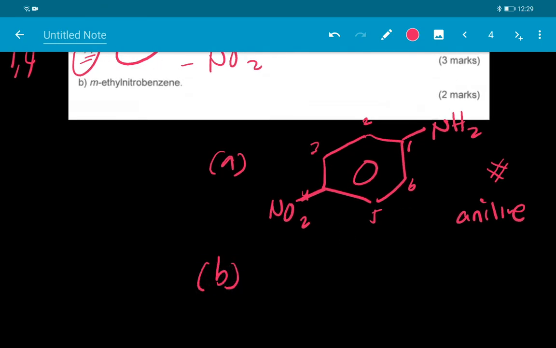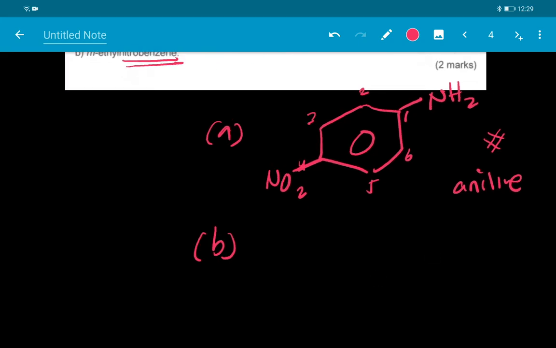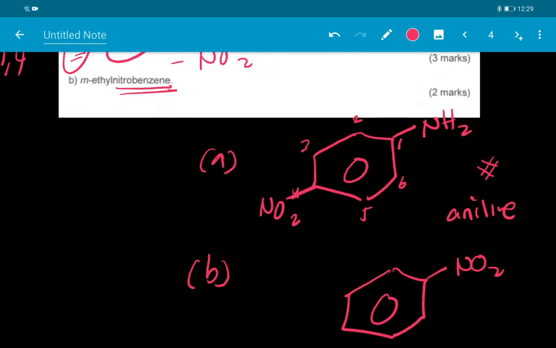The last structure, meta-ethyl nitrobenzene. So in this case, we have a nitrobenzene structure without any special name to it. Nitrobenzene is the structure of benzene attached to the NO2, and then we have the convention of meta, which means that it's positioned between carbon number 1 and carbon number 3 or carbon number 5.